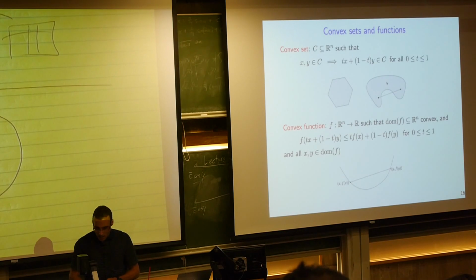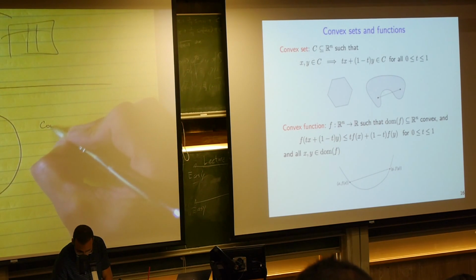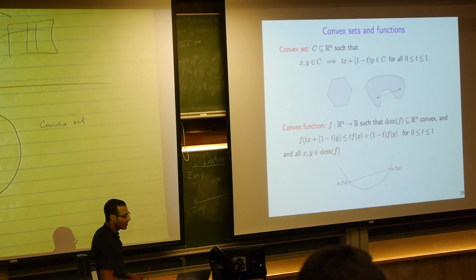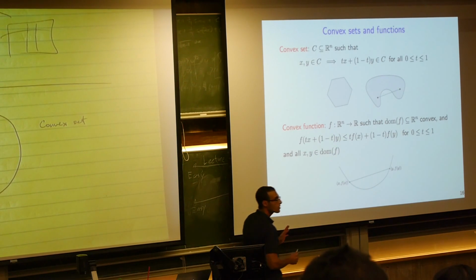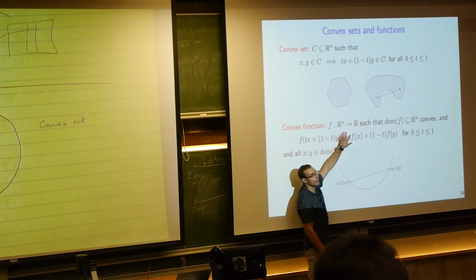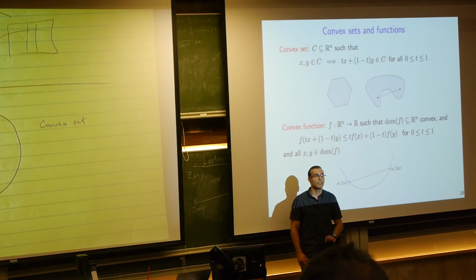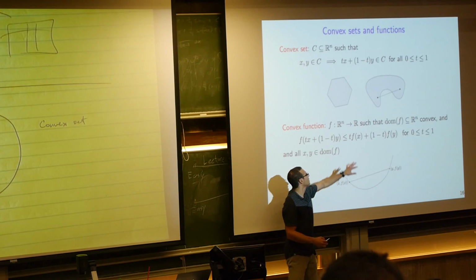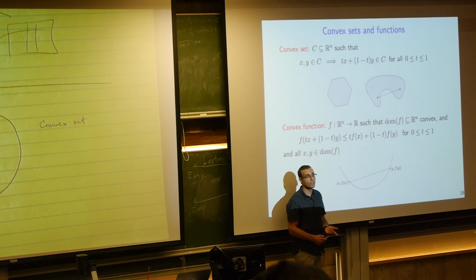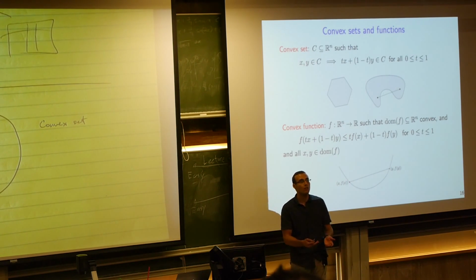OK, convex set. Convex function. We're going to talk about functions this year that are real valued, so from R^n to R. And what is a convex function? It's one in which it has a convex domain. The domain of a function is just the set of all values for which the function is defined and finite.